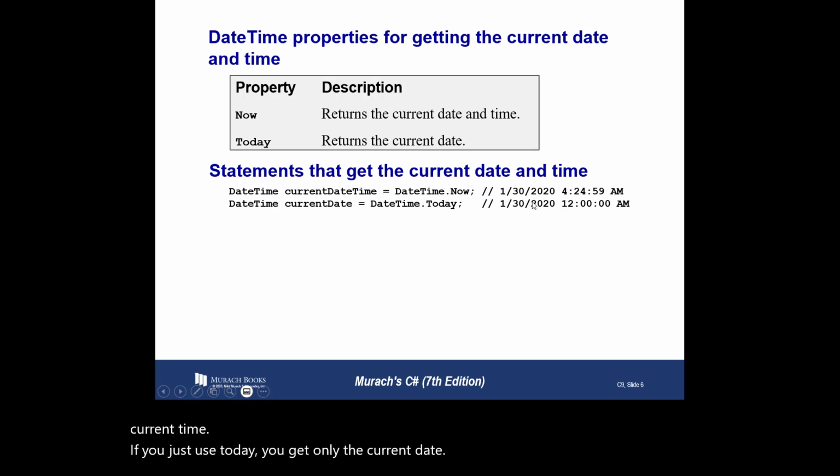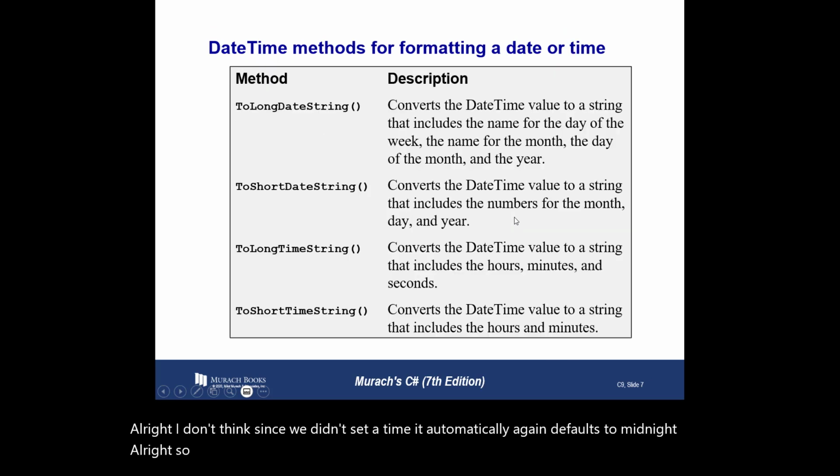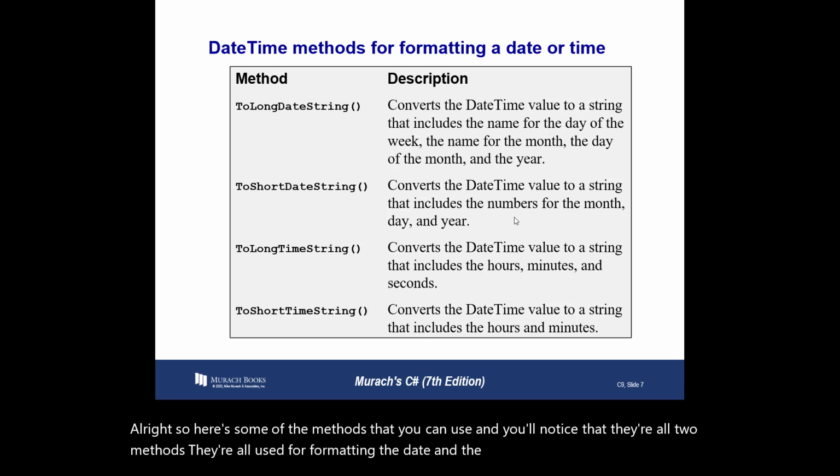Since we didn't set a time, it automatically, again, defaults to midnight. So here are some of the methods that you can use, and you'll notice that they're all ToString methods. They're all used for formatting the date and the time. And why would you do that?